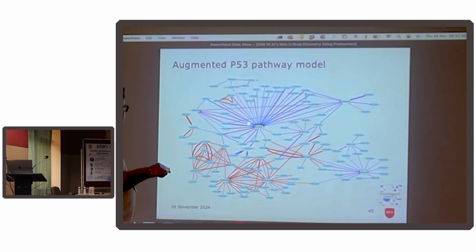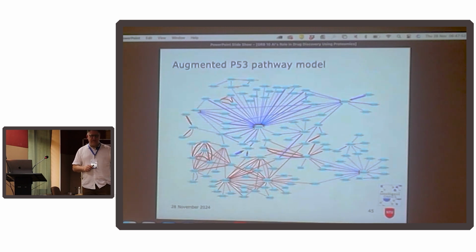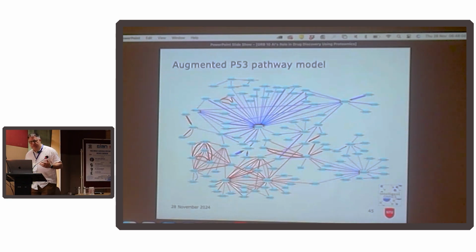So we can see this is a tumor necrosis factor, this is EGFR. We're getting strong hubs again, like what we found before. So these are things that are highly influenced in the p53 system in breast cancer. But as I said before, we can do a driver analysis and work out how much influence and how influenced each feature is.